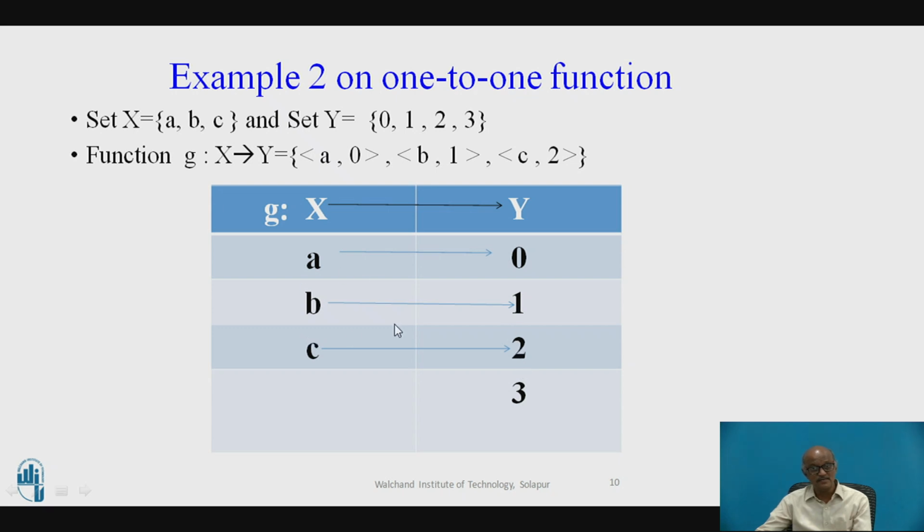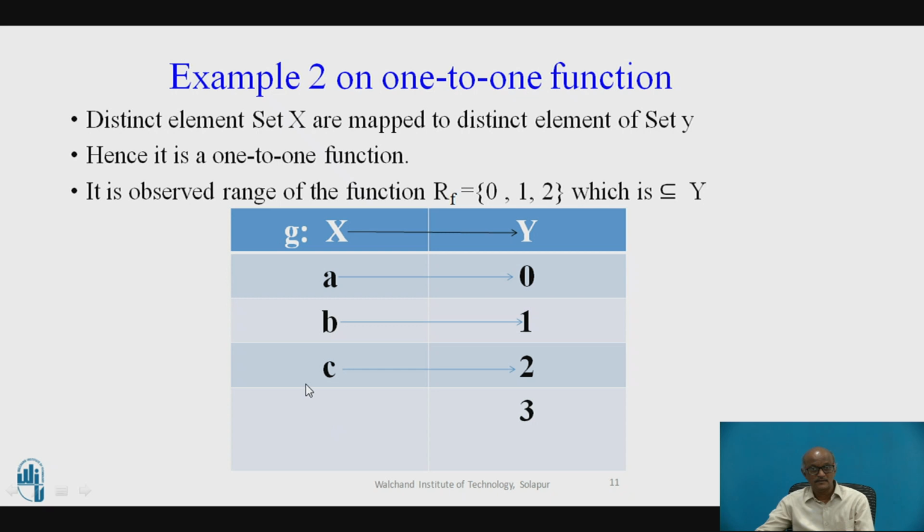So a, b, c and 0, 1, 2. Here the condition that distinct elements of set x are mapped to distinct elements of set y holds. Hence it is called a one-to-one function. It is also observed that the range of the function is 0, 1, 2, which is a subset of y, so it is again an into function as well as a one-to-one function.